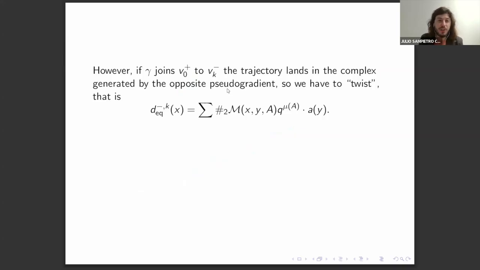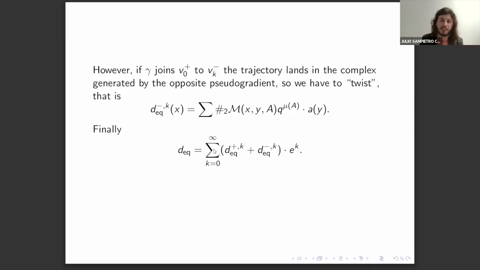However, if gamma joins V0 plus to Vk minus, there's a subtlety, because as we said, when I go to a negative pole, I am no longer in the zeros of V. It's not the same chain complex, it's the zeros of the involution of V. So we remedy this simply by twisting. So we just apply the involution, and then I'm going to get a zero of the original vector field. So it's this twist that I'm going to use. So it's the same count, only twist.